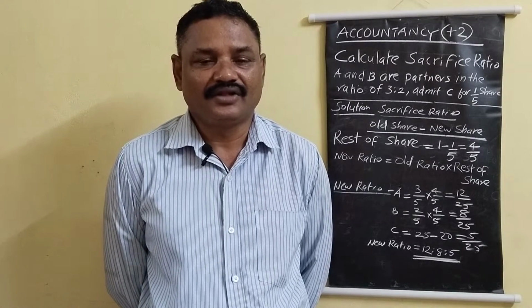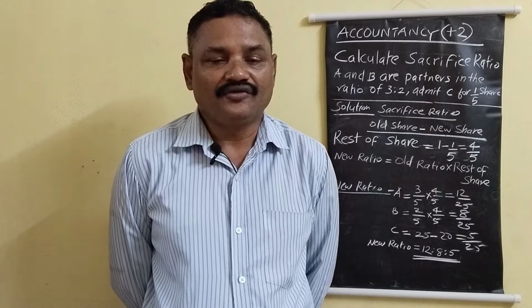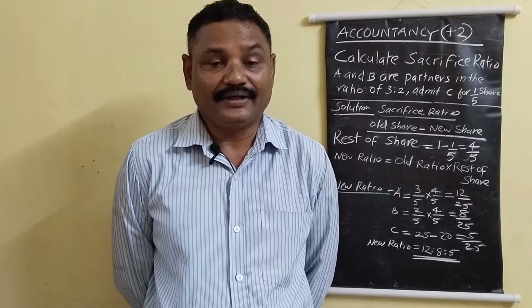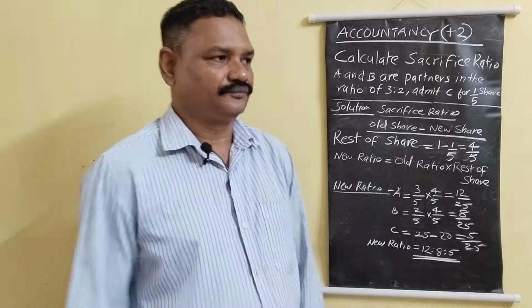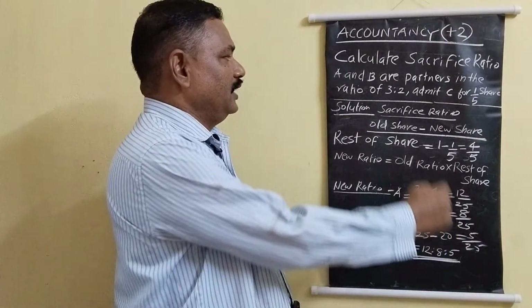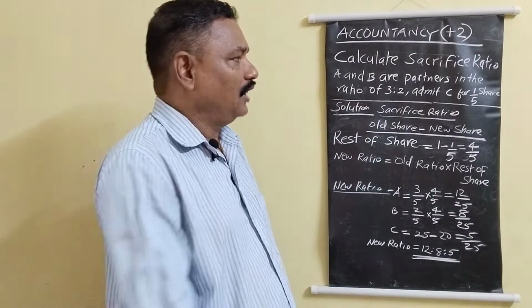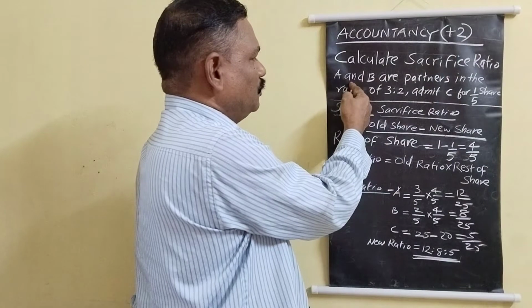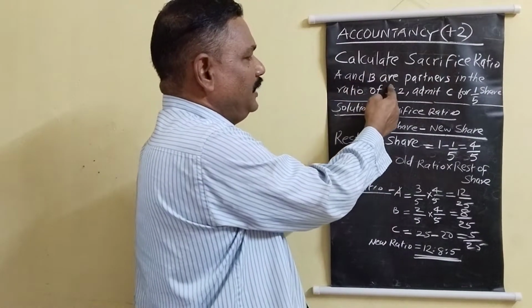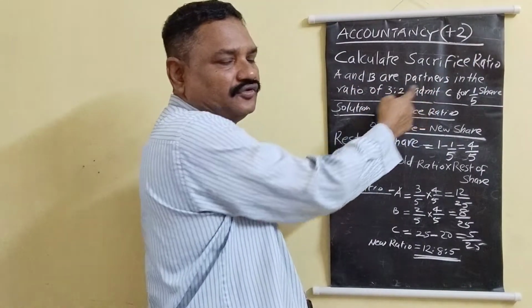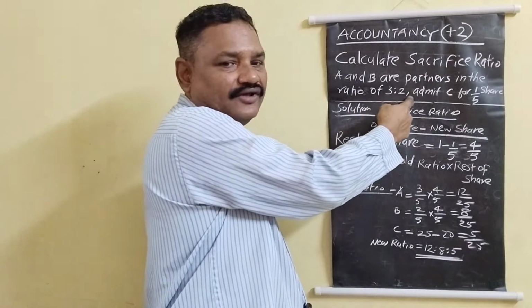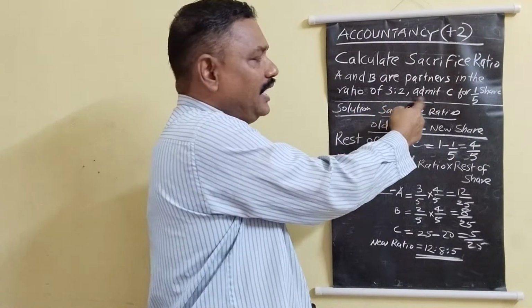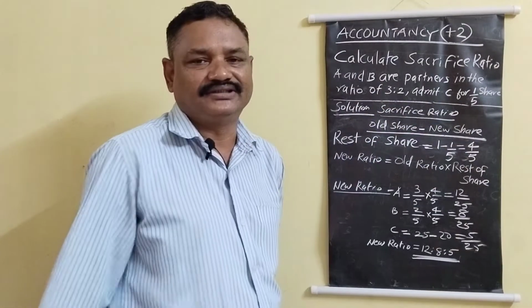Okay, students. Now we are going to solve one problem related to sacrificing ratio. Question: calculate sacrifice ratio. A and B are partners in the ratio of 3:2. They admit C for 1/5 share.